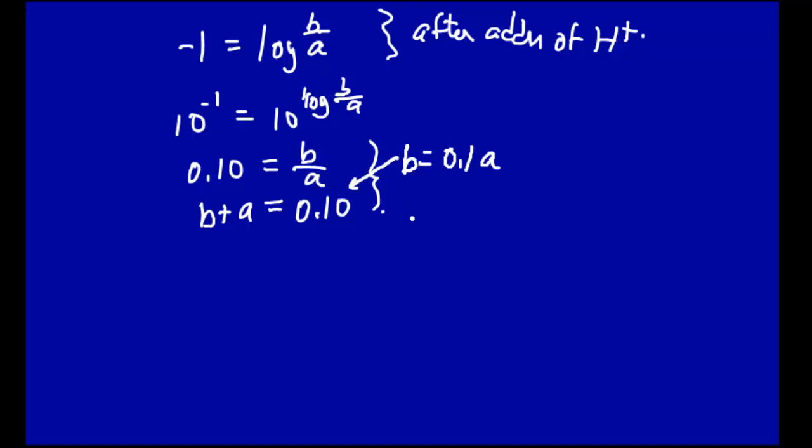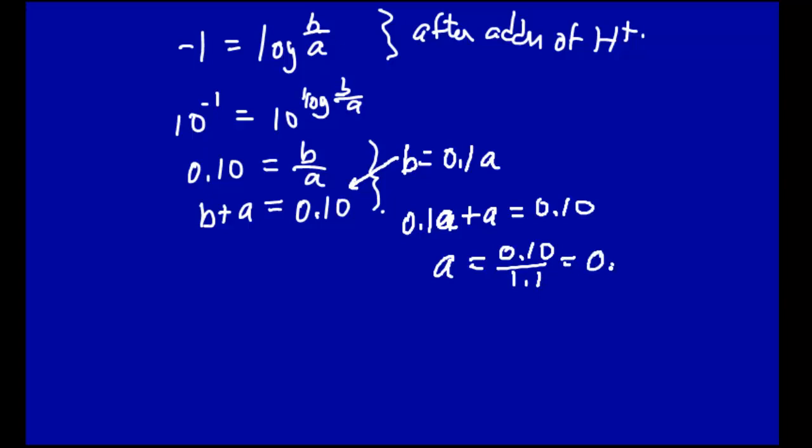So now we have 0.1 A plus A is equal to 0.10. Solve this for A. A is equal to 0.10 divided by 1.1. That's equal to 0.0909 molar.